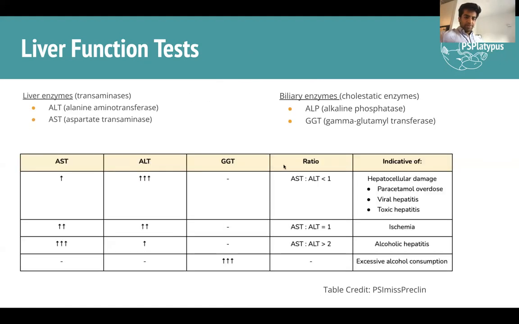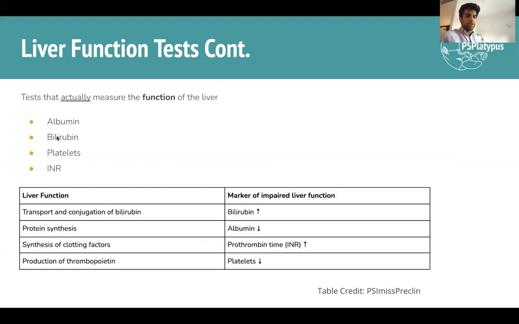Now, these are measuring damage. So anytime something is damaged, these liver enzymes are released into the blood. But if we actually want to see how the liver is functioning, these are tests that measure the function of the liver. They're based on the fact that the liver produces a lot of these. Albumin and platelets are things that the liver produces, so if there's liver damage and liver function is decreased, it's going to be producing less of these.